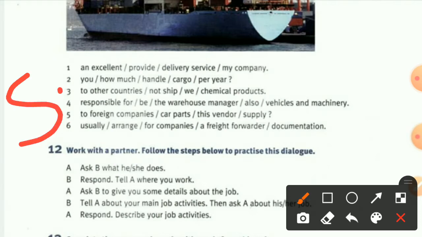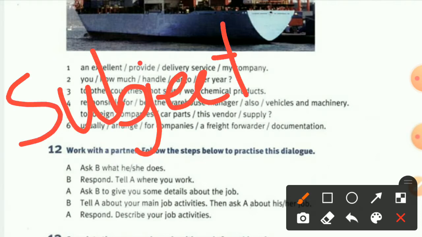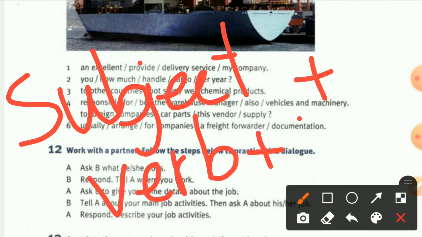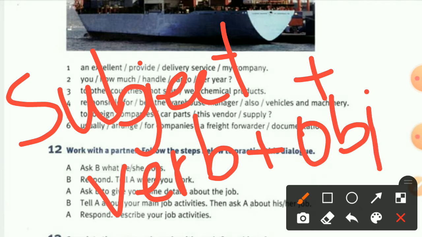Remember this structure: subject plus verb, then object.